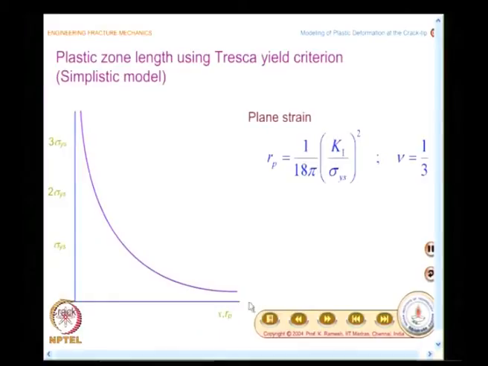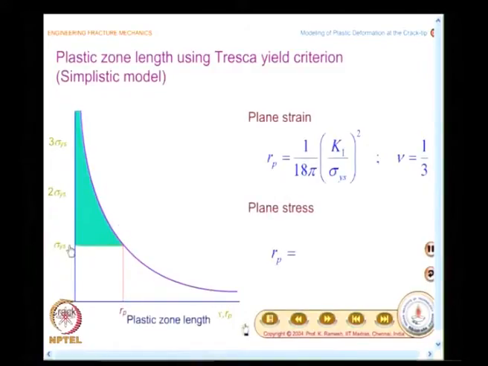And in plane stress, the yield condition is satisfied when sigma y reaches sigma ys. In the case of plane stress, it is sigma ys. In the case of plane strain, when nu equal to 1/3, it is 3 times sigma ys.